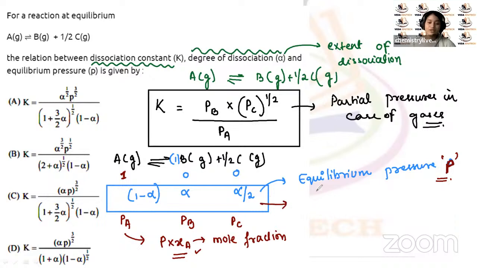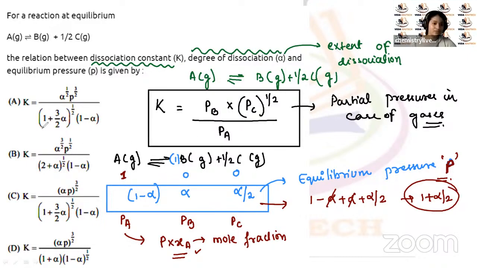So if I want the total, this will be 1 minus α plus α by 2 plus α, which is nothing but 1 plus α by 2.